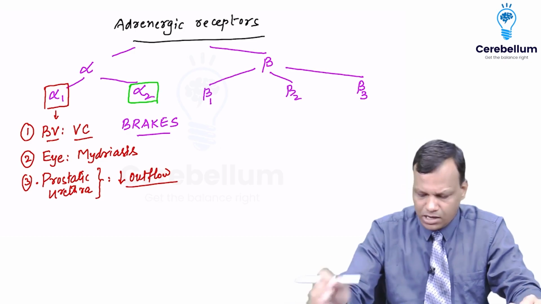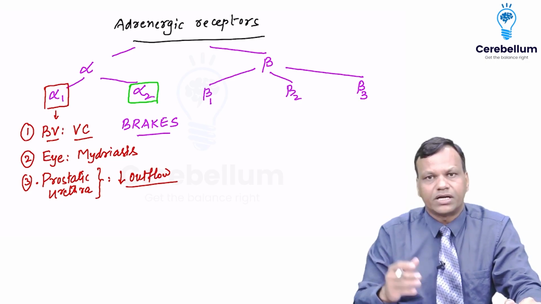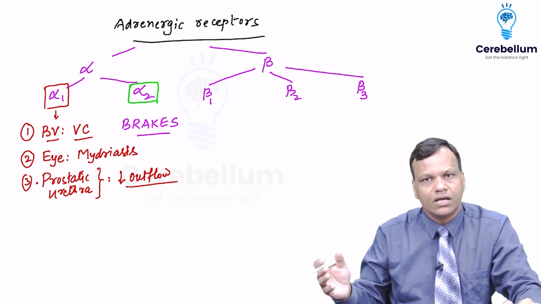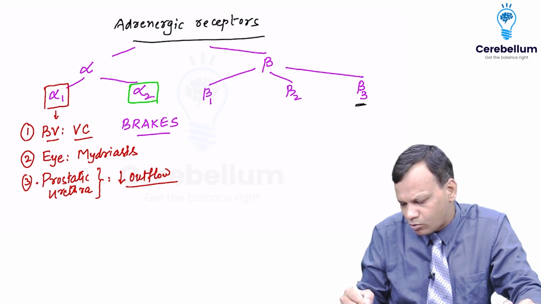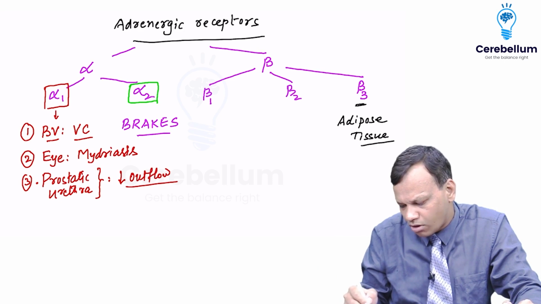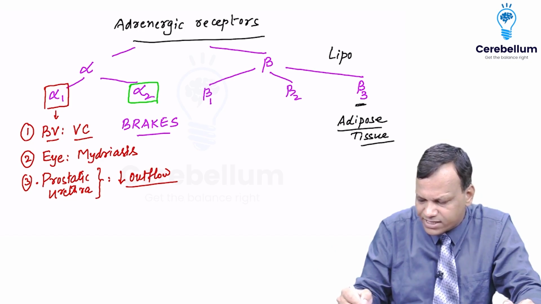Okay, easy. Now coming to beta receptors. We have three beta receptors: beta 1, beta 2 and beta 3. Out of these, beta 3 are mainly present on adipose tissue or fat cells, and their function is to cause lipolysis.